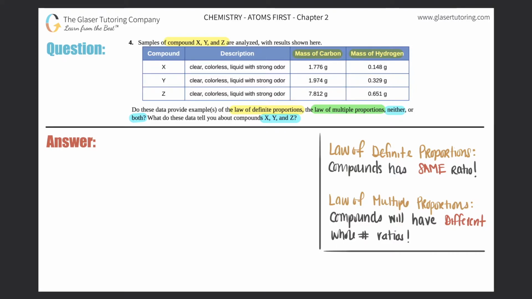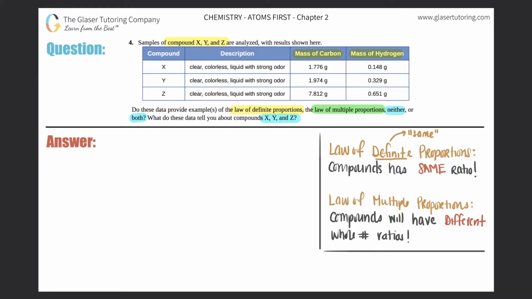Okay. All right, so first things first, we need to know the difference between the law of definite proportions and the law of multiple proportions. Now, with chemistry, if something is definite, it basically will stay the same. So when you see definite, it will have the same information.